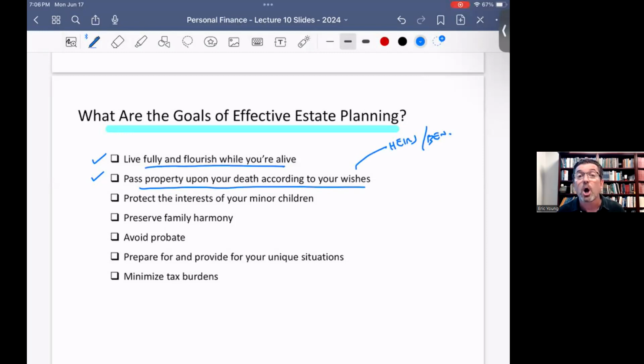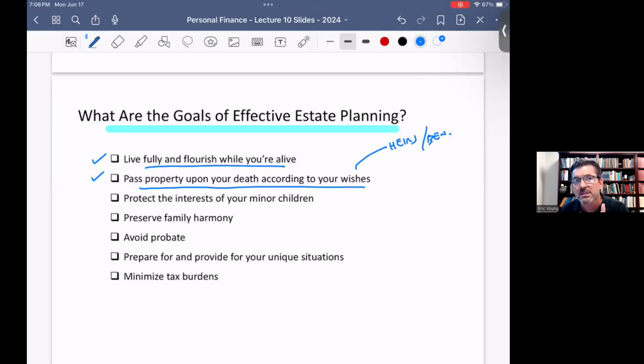It will. All property will pass when you die. The question is, will it pass according to your wishes? Because if you don't have the proper estate planning documents in place, especially a will, your property will still pass, but the decisions on who gets your property will be made by a probate court or by a person who comes in and executes your estate.